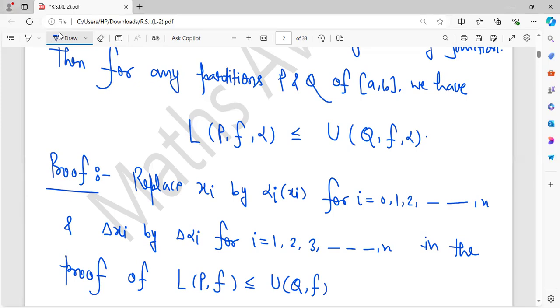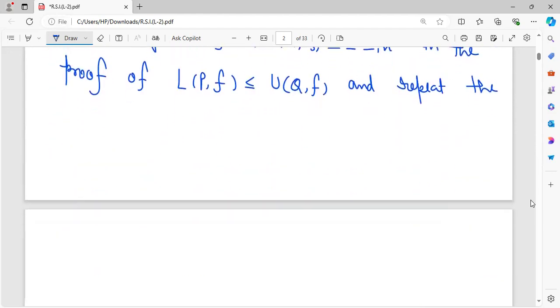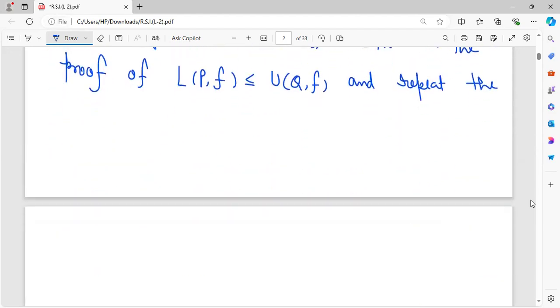So you see that proof and you replace x_i by α(x_i) and Δx_i by Δα_i, and repeat the same proof.